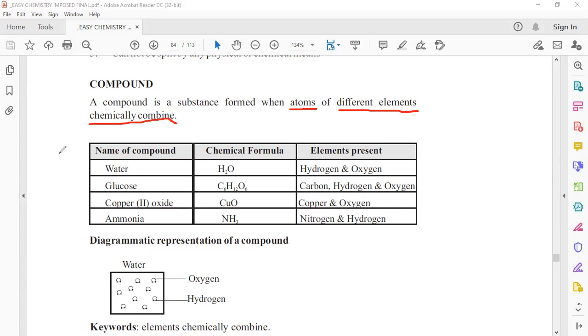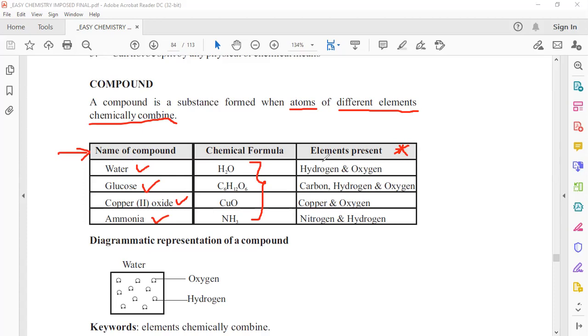We have examples right here. Water is an example of a compound, glucose is an example of a compound, carbon dioxide is a compound, ammonia is a compound. These are their chemical formulas. Now my interest is the composition, what is found on the inside of these compounds.